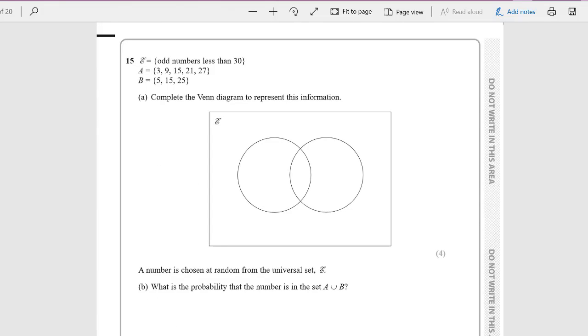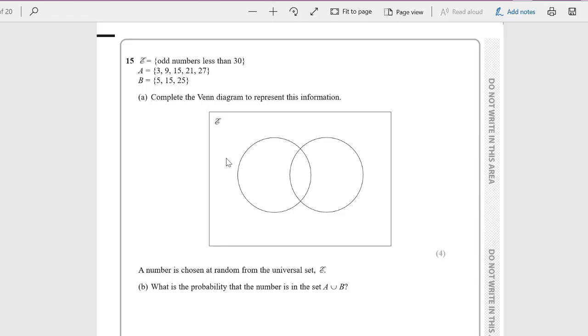Okay, number 15, Venn diagrams. So A means odd numbers less than 30, A is 3, 9, 15, 21, 27, and B is 5, 15, 25. Complete the Venn diagram to represent the information. So we can start off with odd numbers less than 30.